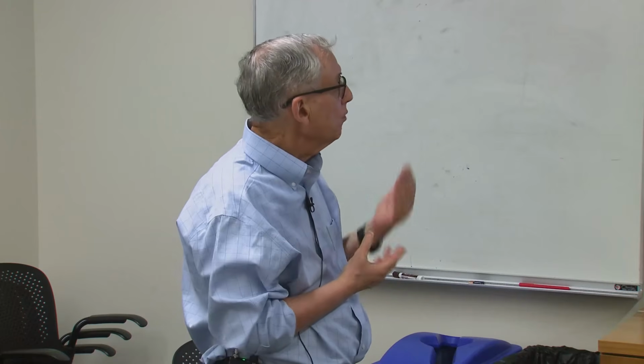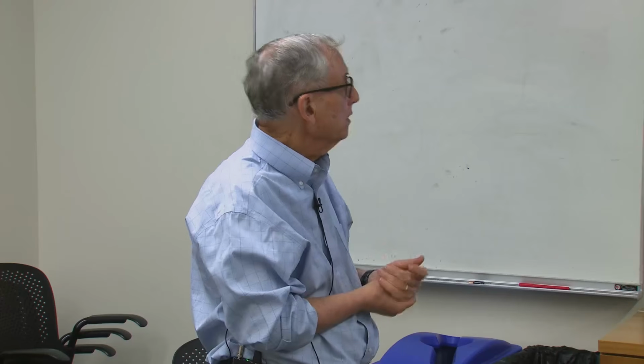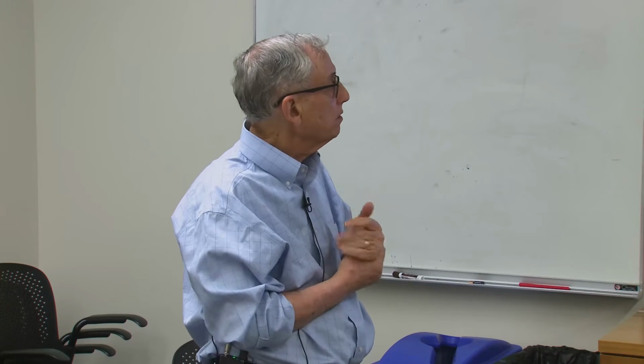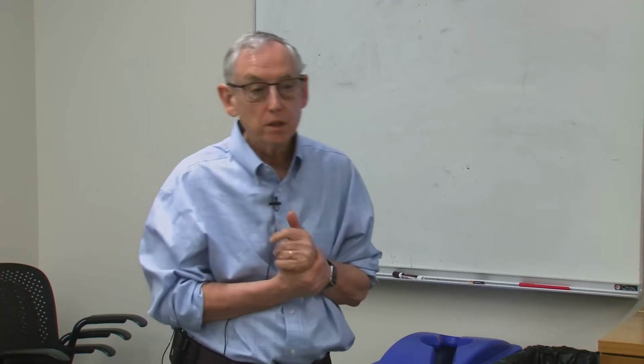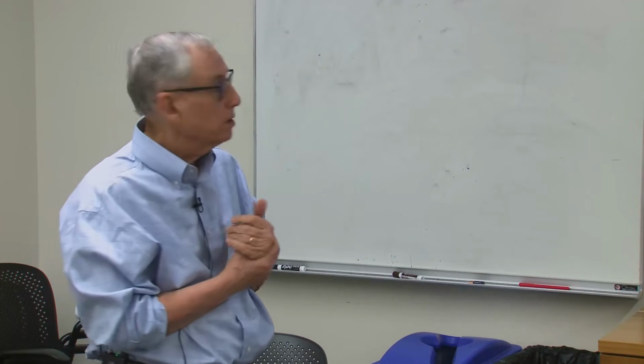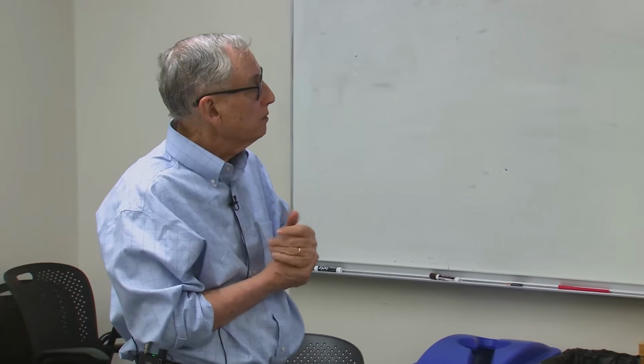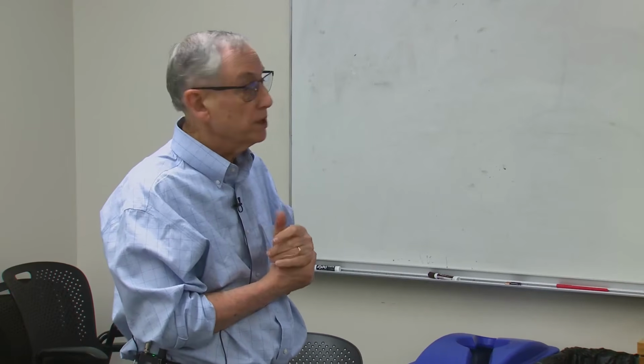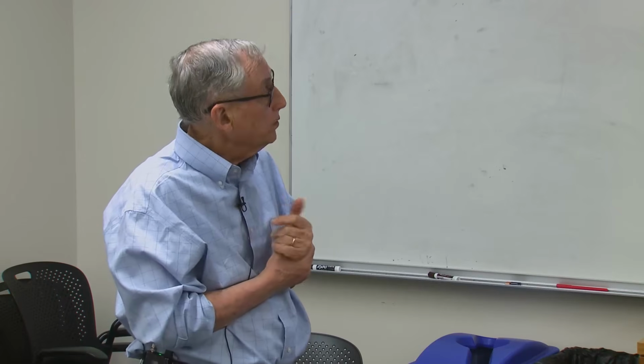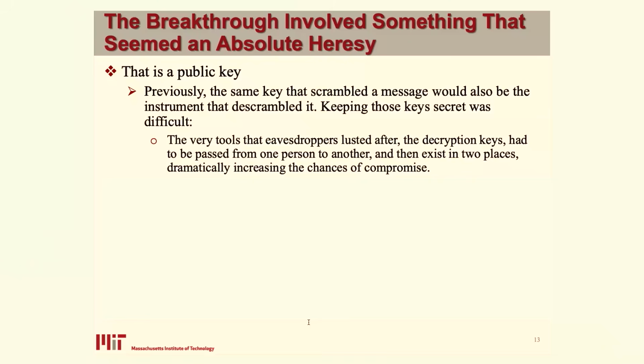I always think of World War II, and the enemies were encrypting messages, and there was a big value in getting the cipher machine off the enemy boat, because that's the deciphering machine, say. Then you could decipher all the messages.